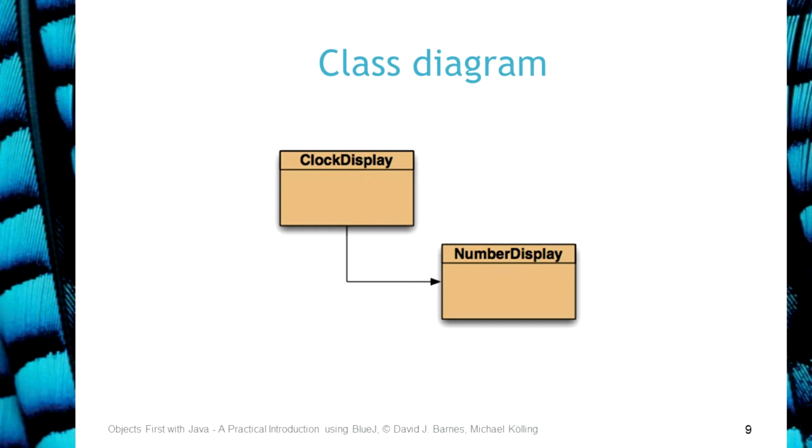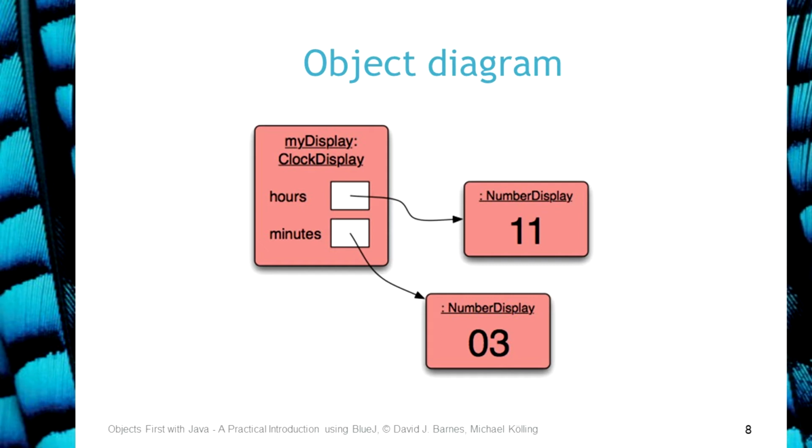To start the program, we will create an object of the class ClockDisplay. We will then program the ClockDisplay so that it automatically creates two NumberDisplay objects for itself. Thus, the object diagram shows the situation at runtime, where the application is running. This is also called the dynamic view. The object diagram also shows another important detail.